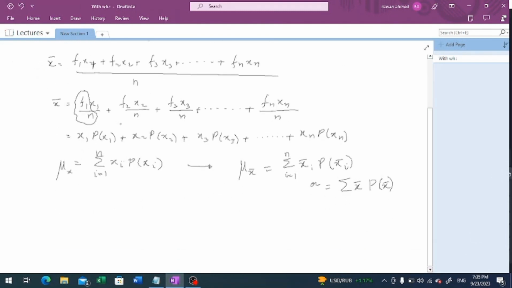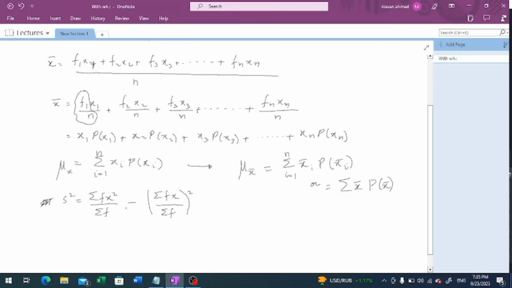Similarly, we can consider the formula for variance of a sample. It can be computed as summation f times x squared divided by summation f, minus the whole square of summation f times x divided by summation f.